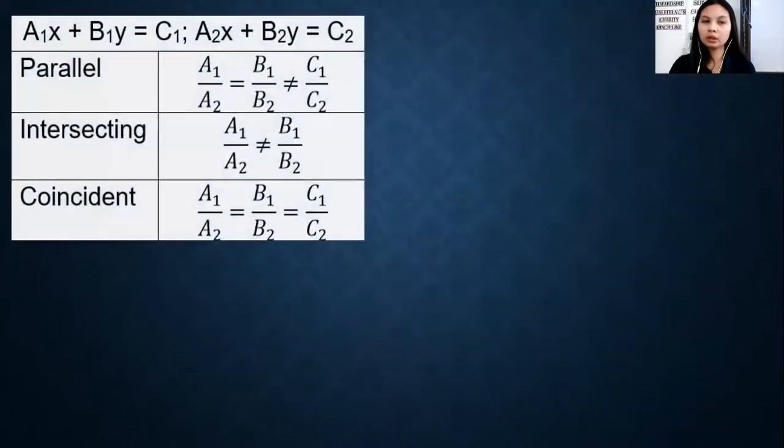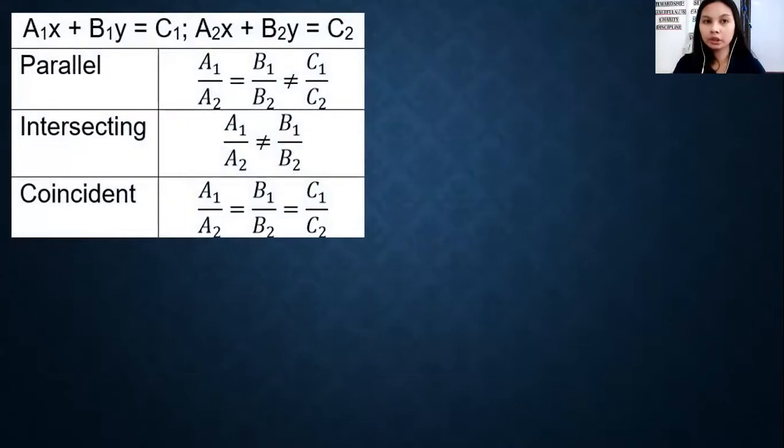So, next, ito naman, you're going to use this if you're just going to determine if the given equations are parallel, intersecting, or coincident. Yung tinuro ko kanina about graphical method is kapag mismong hinahanap or you are going to solve for the solution for the equations po.